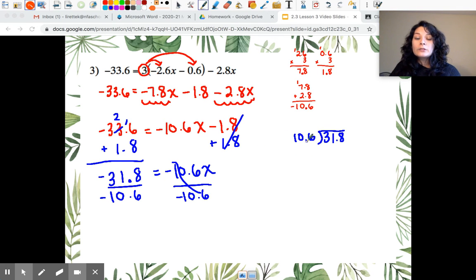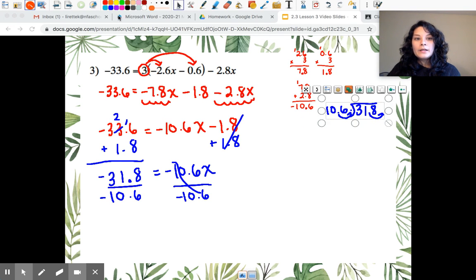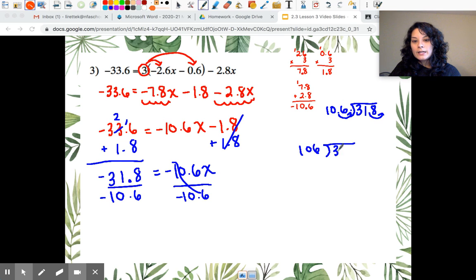Remember that this divisor must be a whole number, so I have to move it to the right one time, so it becomes a 106, and then I follow the leader in my dividend. So I'm actually going to rewrite this. It's going to become 106 and 318.